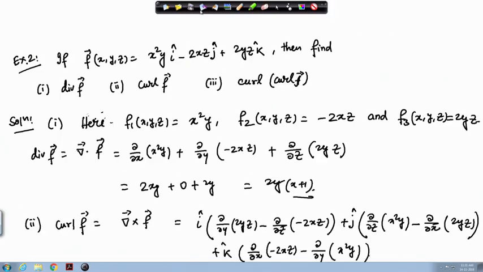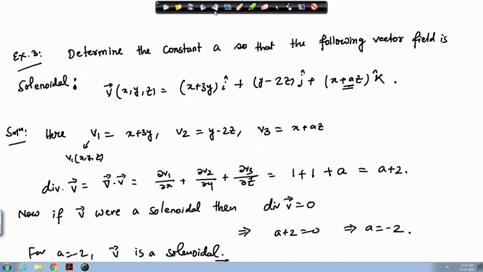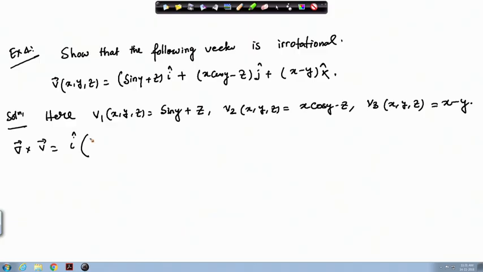Let us go back to the formula. It says del v3 by del y minus del v2 by del z. So, del y of v3, which is x minus y, minus del z of v2, which is x cos y minus z.